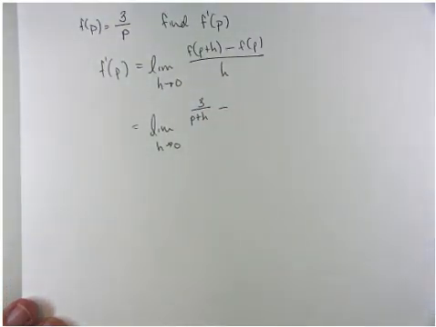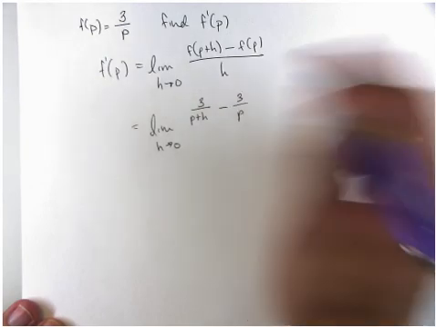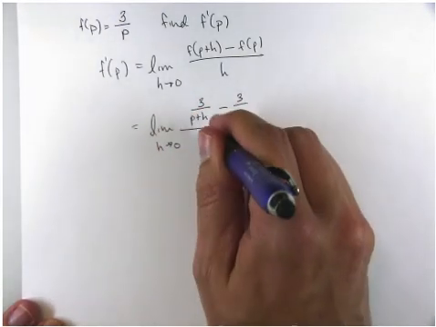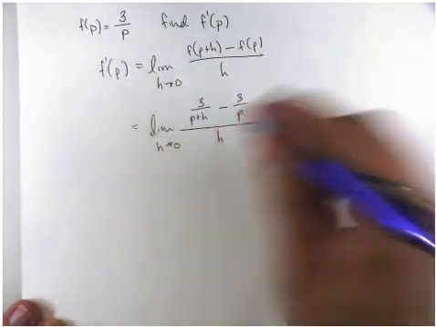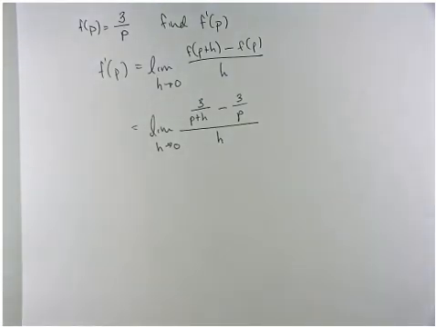It used to be 3 over p. Now it's 3 over p plus h, the quantity. And f of p was just given to me, so I can plug that into the hole. And then I'm all dividing by h. So this is what that limit looks like, now filled with all of these algebraic symbols instead of the functional notation.